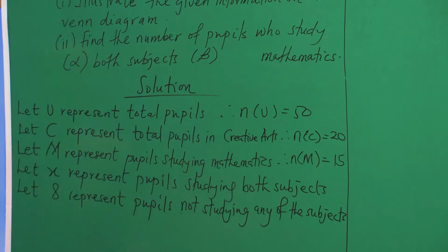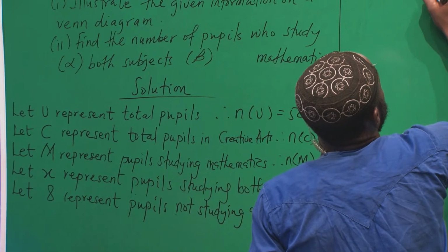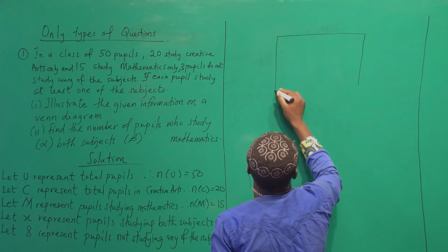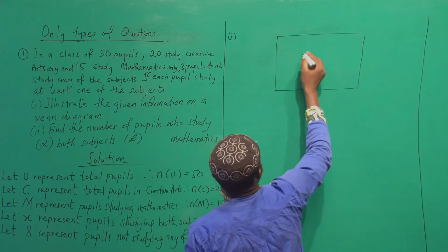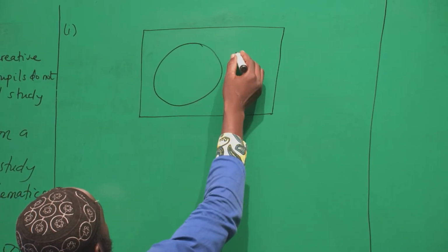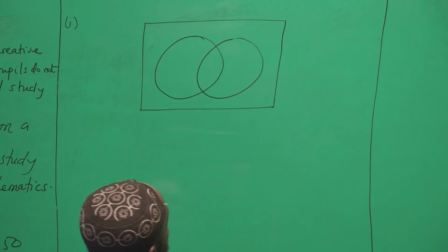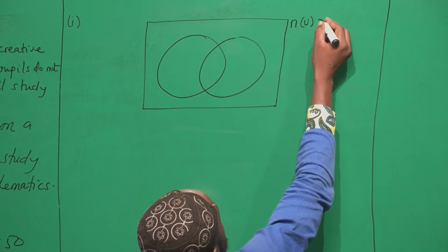Okay. So from there, I said you would get your ruler so that you can draw your Venn diagram. The two circles will definitely cross. So N of U is 50.